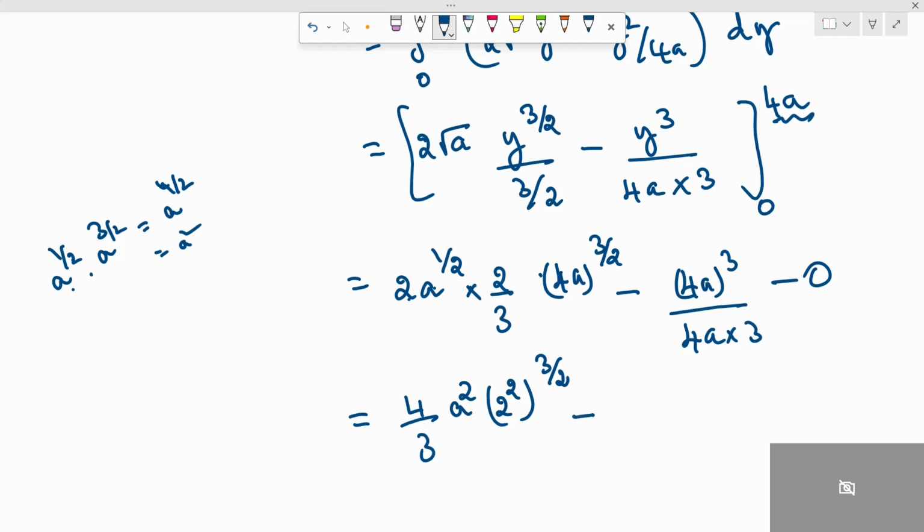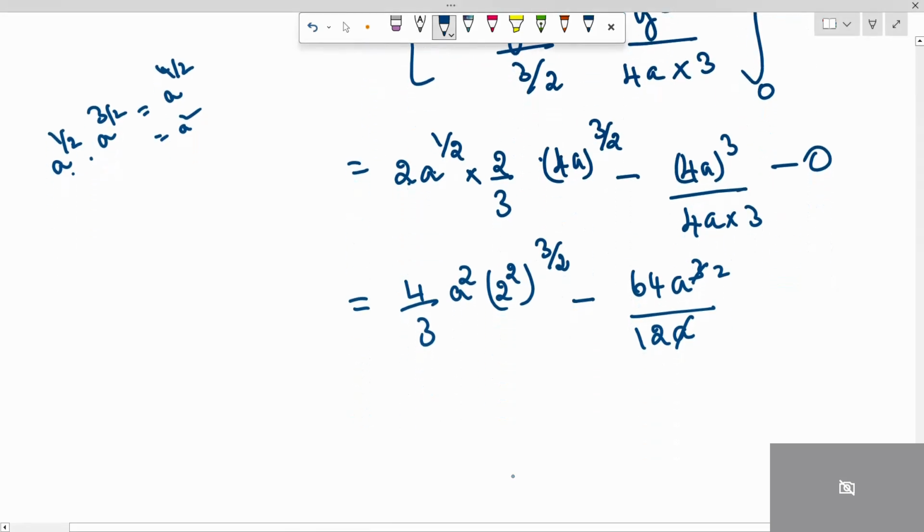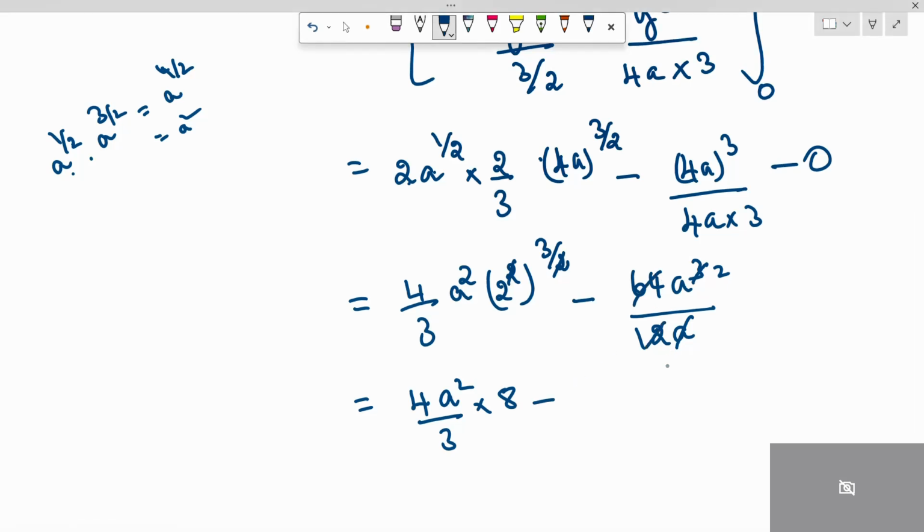Okay, minus in the second term 4 cube is there, 4 cube is 64, a cube by 4 3s are 12, 12a. Here we can remove one a, which is a square. Okay, and also we can remove this 2. Now 4 a square by 3, 2 cube is 8, minus here 4 common, 3 4s are 12, and then here 16 4s are 64.